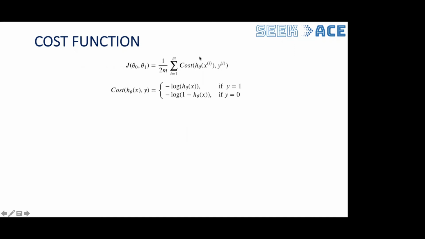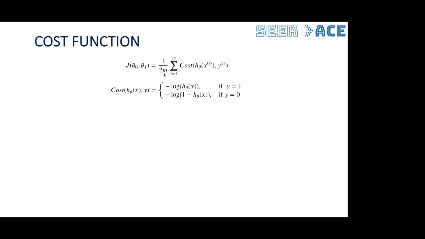Last time we saw our cost function. We don't know yet what the formula will be, but let's say for now we write it as cost, and we know that the cost function will be a function of our h theta x, which is our predicted y, and our actual y, for any ith sample.